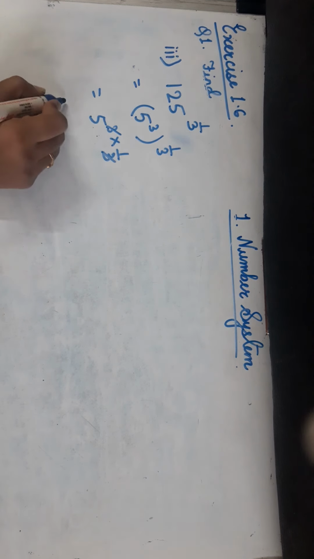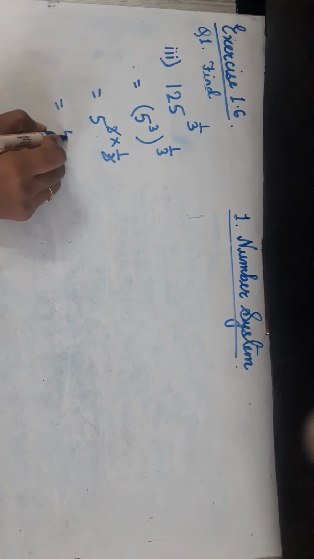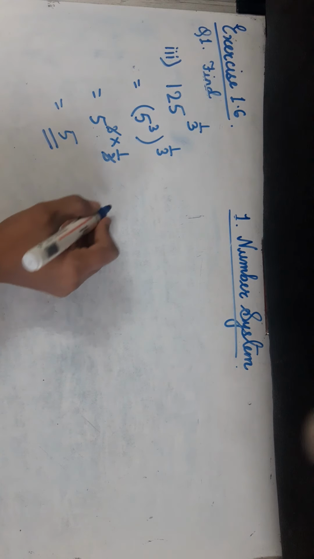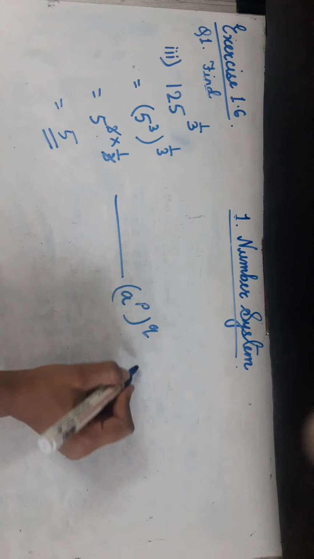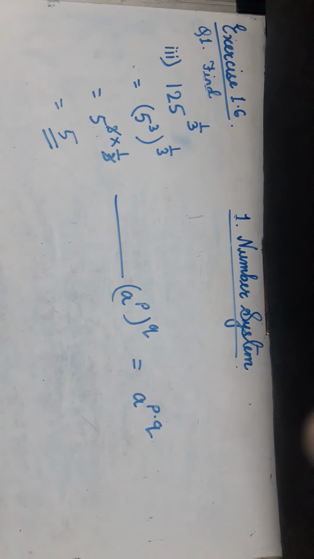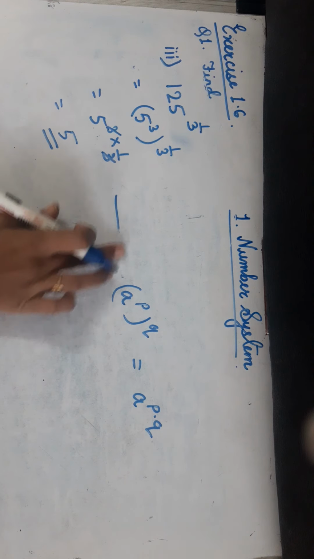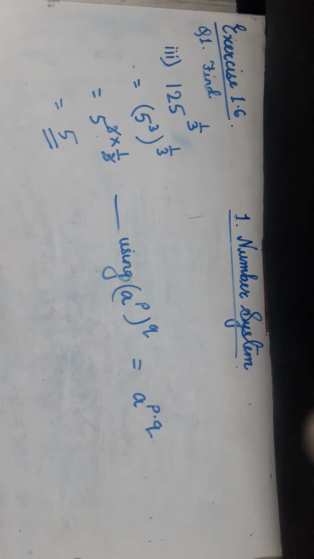Again 3 cancels. What is remaining? 5 raised to 1. Anything raised to 1 is the same number. So it will be equal to 5. Mention here which law you are using. Clear? So here we complete the first question.